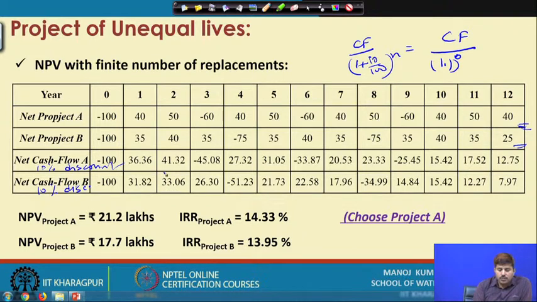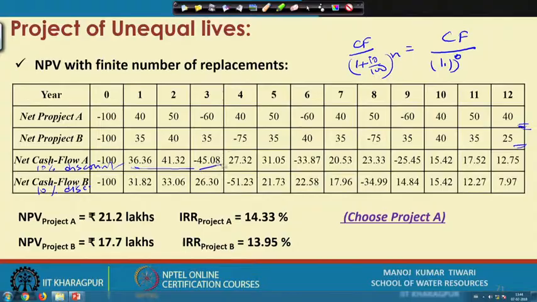So, this will remain 100, and then we have different values of n, as we have done earlier as well. When there is a negative cash flow, when there is an investment, this investment is also going to be discounted, because investing 60 lakh rupees today and investing 60 lakh rupees after 3 or 4 years is not of equal value. So, that investment should also be discounted by the similar factor. So, that is becoming 45.